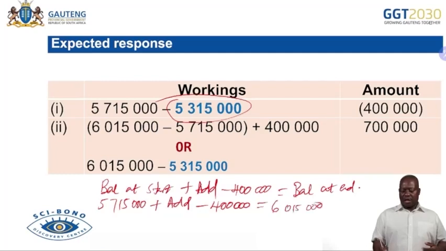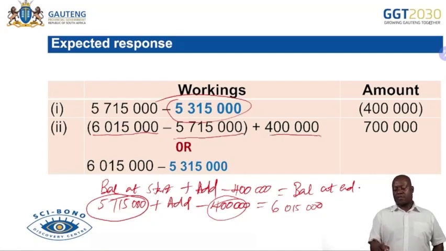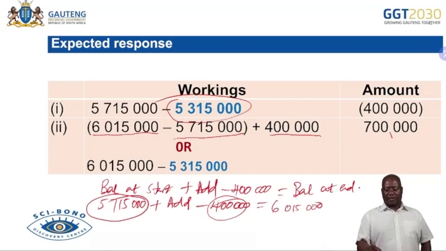which is given as 6,015,000. Now, if we just take these two figures, this one and this one, to the other side of the equal sign, they change the sign. So it is going to be 6,015,000 minus 5,715,000 plus our disposal, and it's going to give us 700,000, which is the easiest way of doing it.